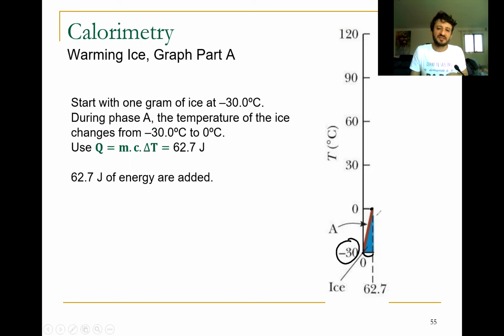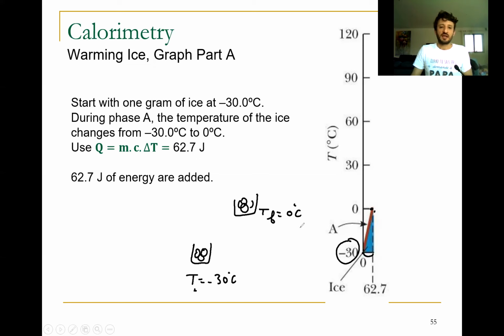Between this point and this point, we go from ice to ice. This ice is at T initial equals -30, and this ice is at T final, we can say T1, T2, equals 0. We have the same phase, ice to ice.